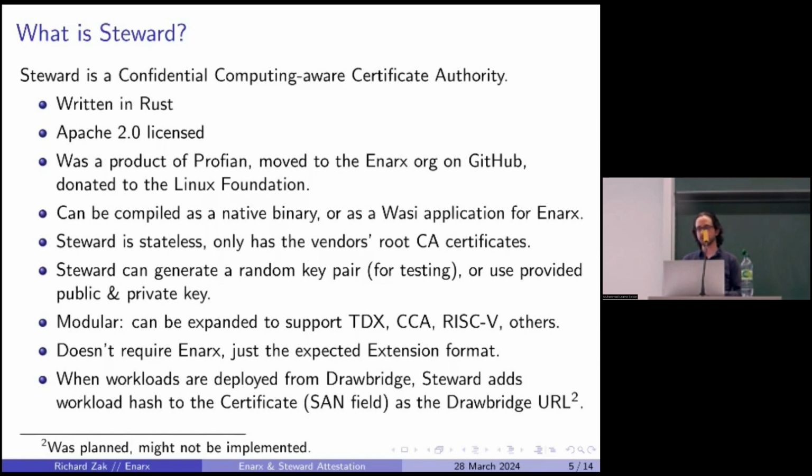So essentially what Steward does is it receives a certificate signing request from Enarx, and it essentially just goes through and does all the checks, which I'll talk more about in a moment. And then it returns back a signed certificate if all of the checks pass.